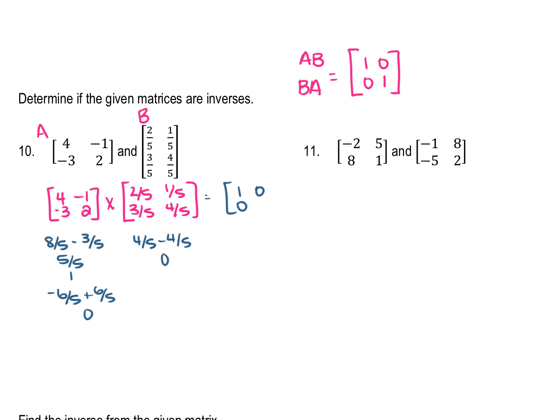Bottom row, second column, negative 3 times 1/5 is negative 3/5. 2 times 4/5 is 8/5. 8 minus 3 is 5. 5 over 5 gives us 1. So because this gives you that same matrix, 1, 0, 0, 1, these two are inverses.